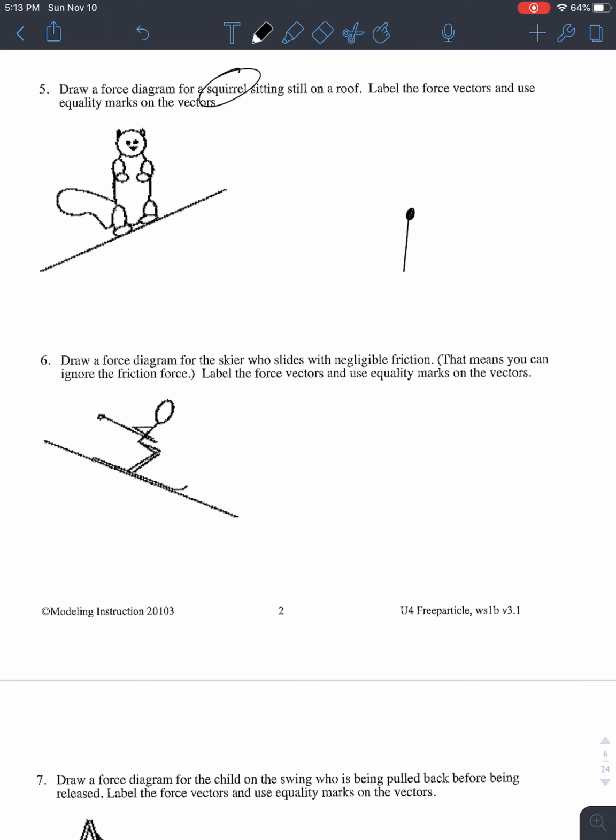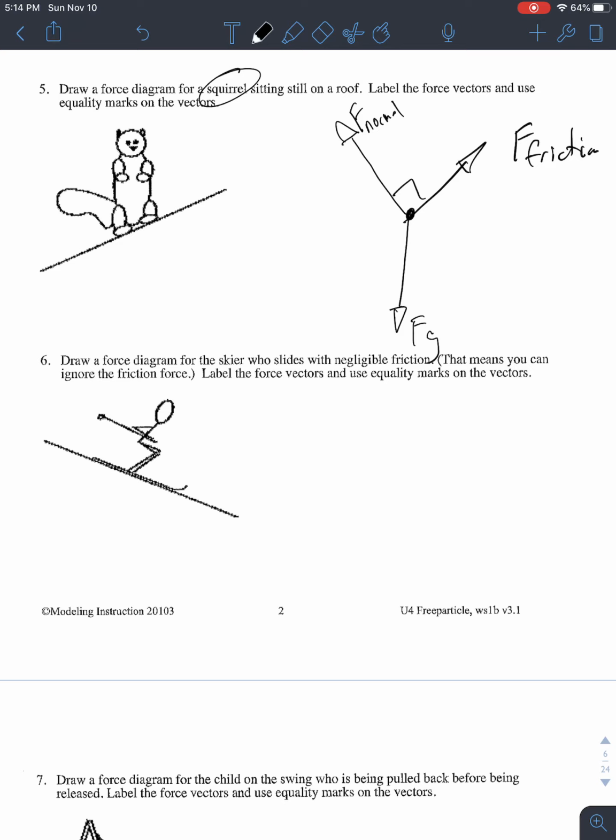So we have definitely gravity going down and our normal force going up and to the left. And what's preventing our squirrel from sliding off the roof? That's friction, which is at a right angle.